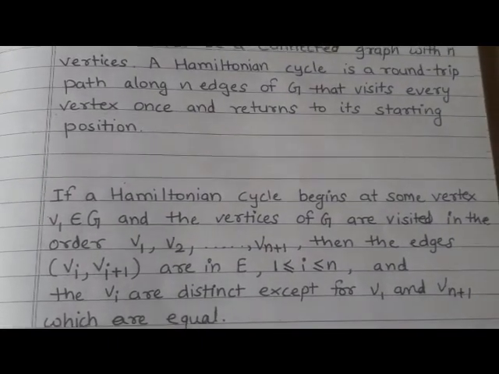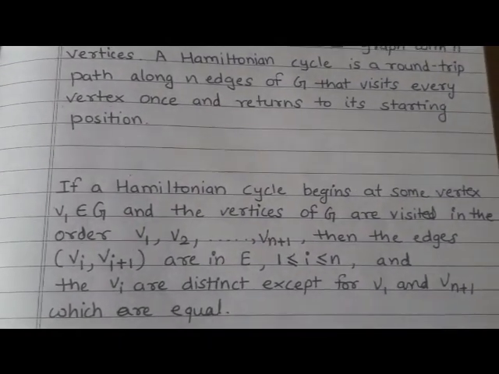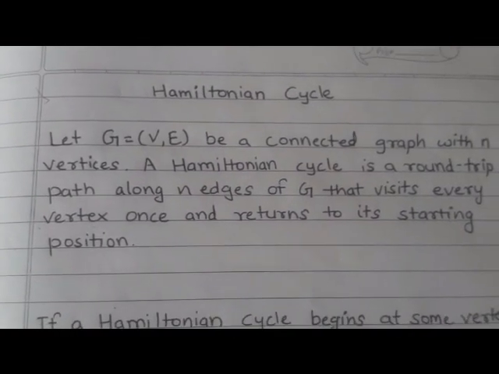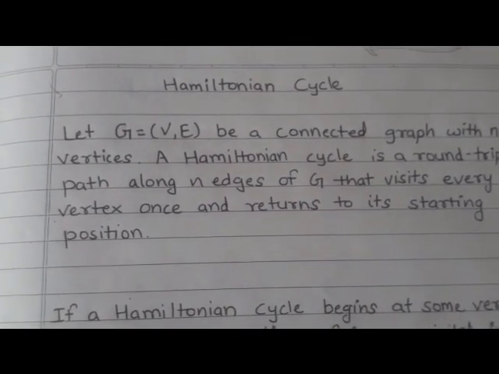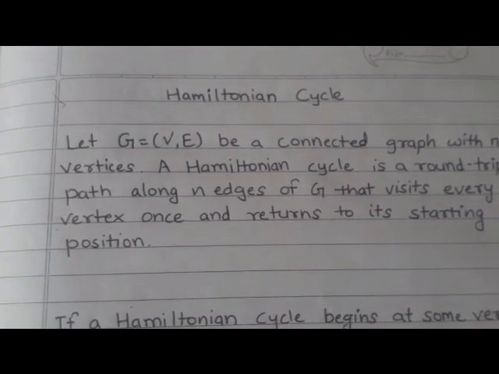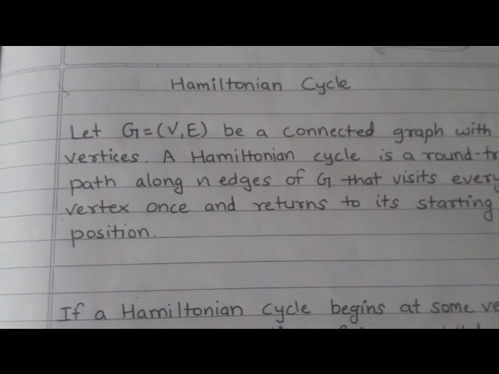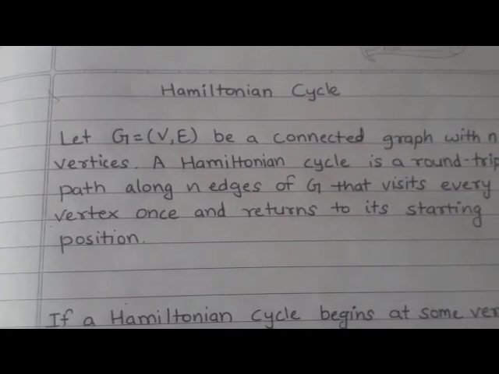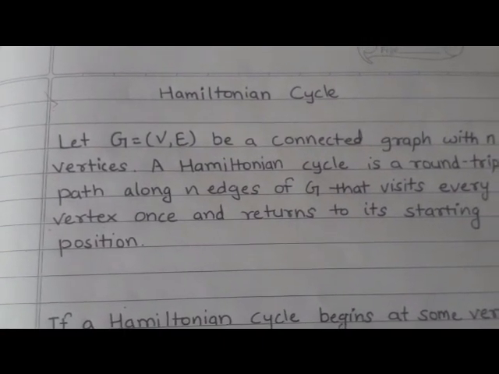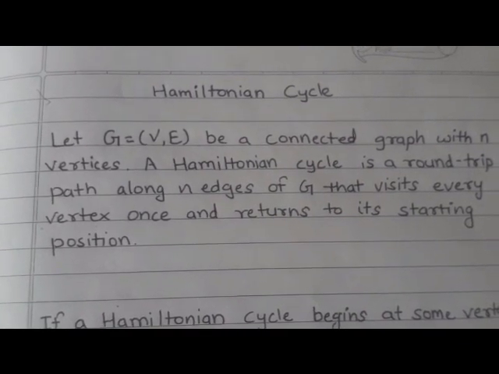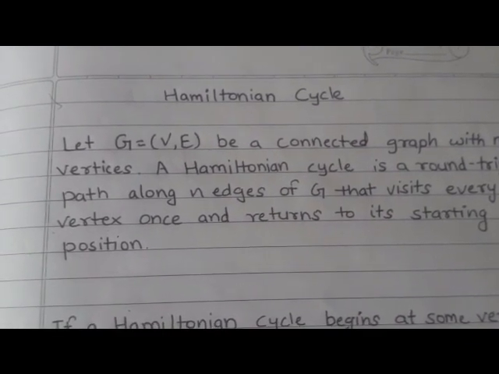So, we will see the application. There are a number of applications or examples of the Hamiltonian cycle. We will see one of them: the Hamiltonian cycle is used to plan the best route to pick up students from across the district or the village.